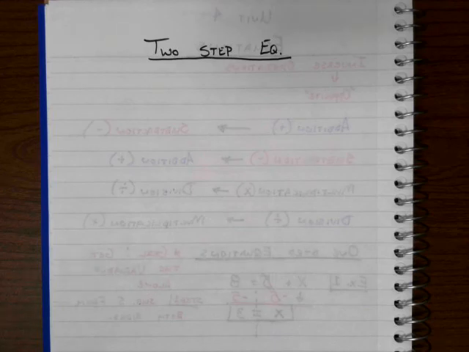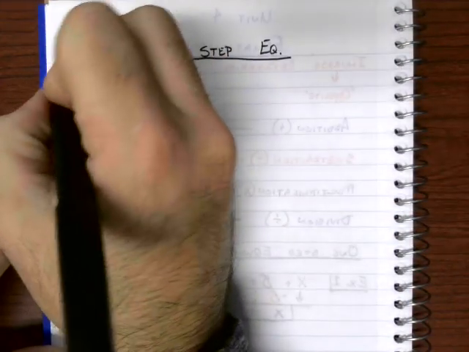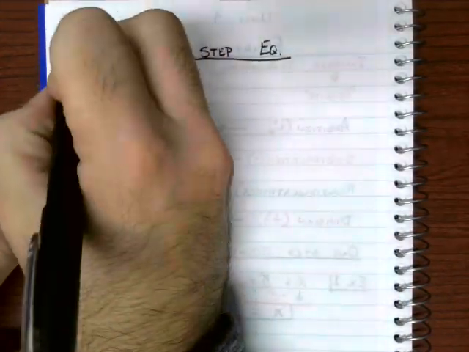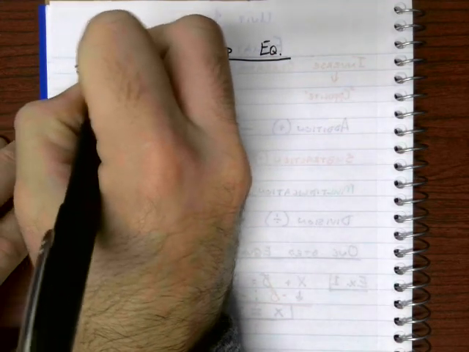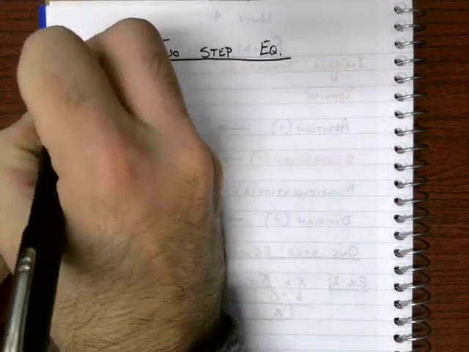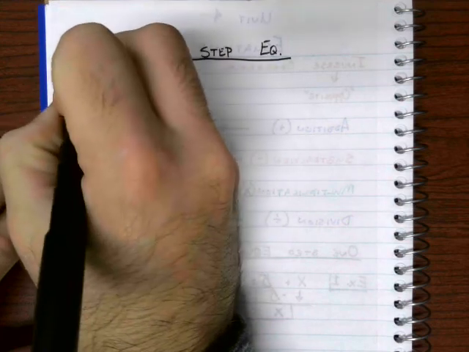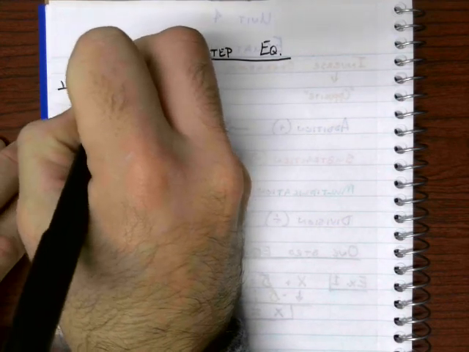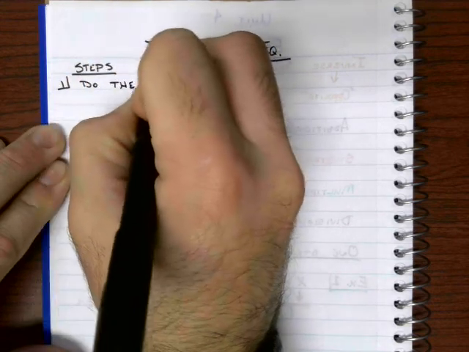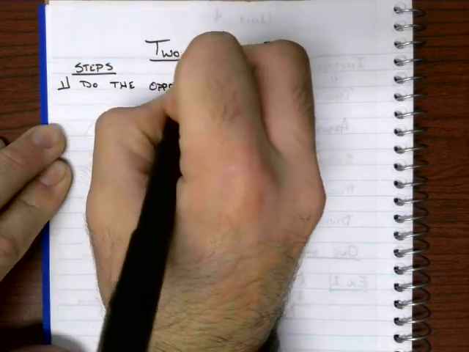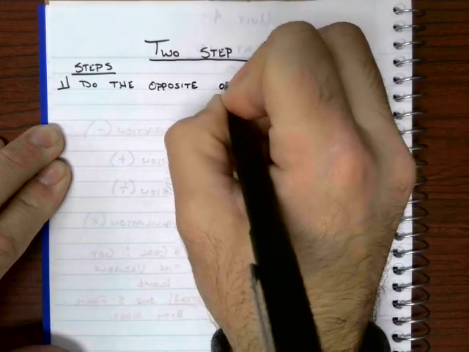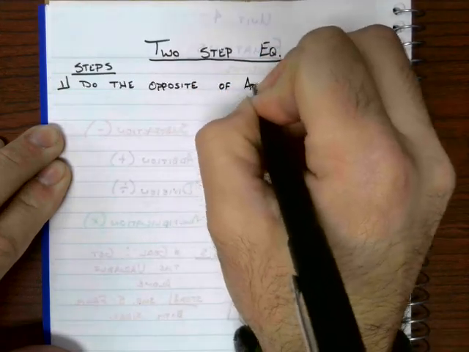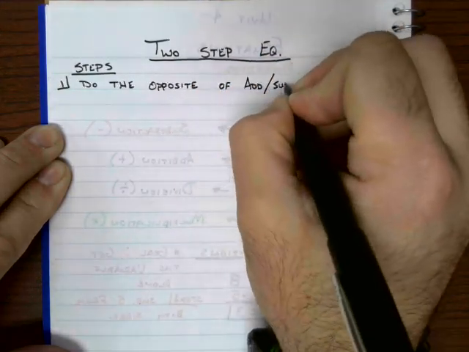Okay, so our steps here for two-step equations. Step one, we're going to do the opposite of addition and subtraction first.